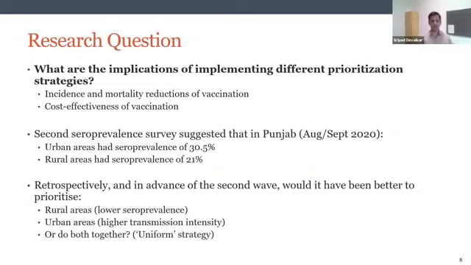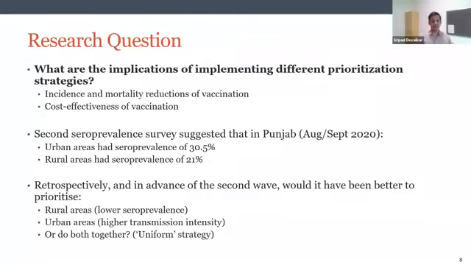What this means is, out of every 1,000 people residing in urban areas, roughly 300 of them had been found to have antibodies. Whereas in rural areas, the seroprevalence was lower, around 20%. And so retrospectively, the vaccination rollout happened the way it happened.